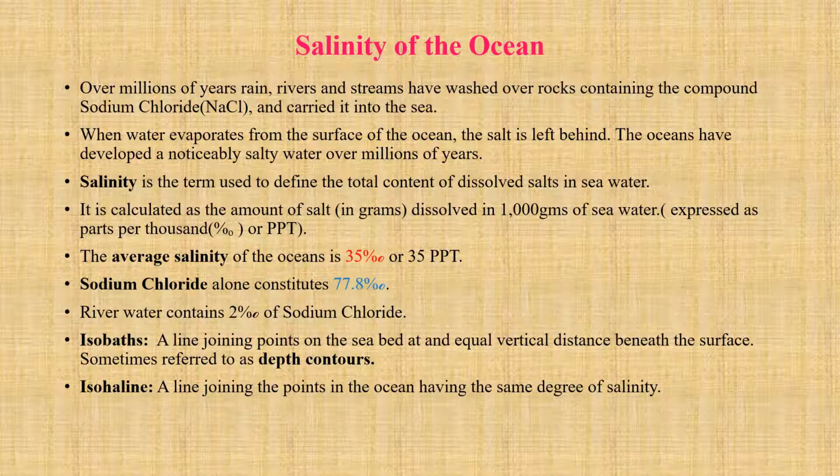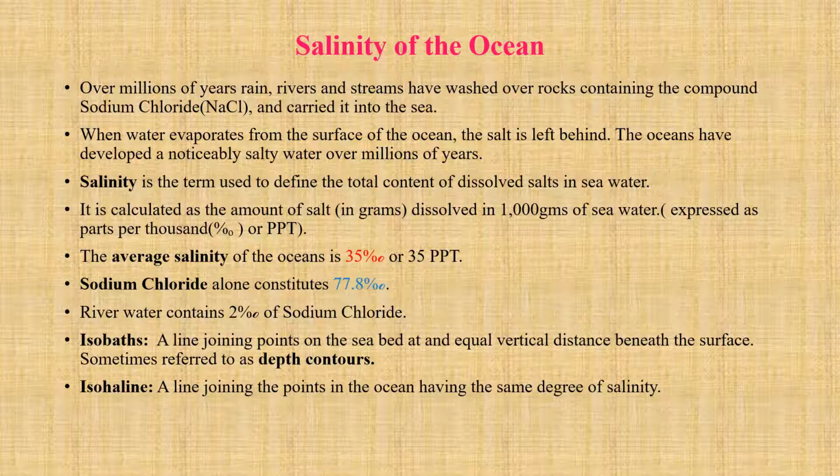So sodium chloride alone constitutes 77.8%. So it means that most of the saline water is dominated by sodium chloride. Rainwater contains 2 parts per thousand of sodium chloride. If you take 1000 grams of river water, you find 2 parts per thousand sodium chloride in that.